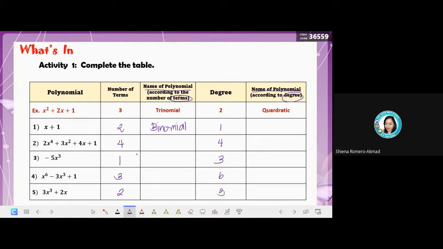Quadrinomial. Quadrinomial? Unite? Multinomial po. Multinomial. Kapag 4 or more, yung number of terms, ang tawag natin doon ay multinomial. So, wala tayong quadrinomial. How about for number 3?